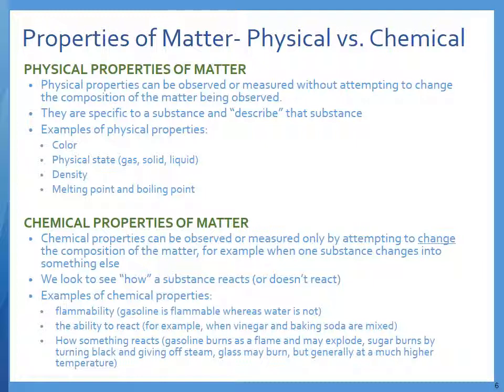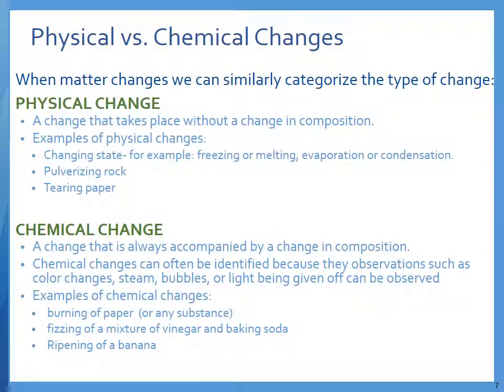But if you burn sugar, it kind of turns black and gives off steam and fizzes. Glass may burn, but it would have to be very hot, and it may melt before it reacts, but how it reacts is a chemical property. Okay, so in the same ways, we can have a physical change or a chemical change.